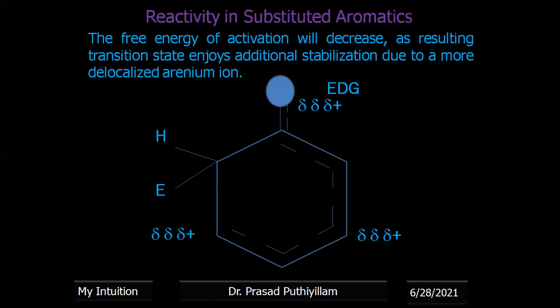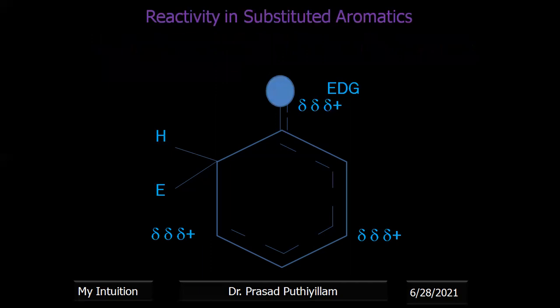That means more additional stabilization or delocalization takes place, and a more stabilized Arenium ion is obtained when there is an electron donating group present, compared with a benzene ring.